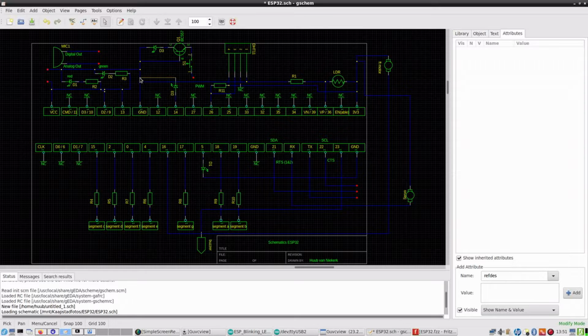So that one goes here, and then from here to here is another wire. So this has to be some way like this. Not very nice in schematics, but that is the way it is for now.